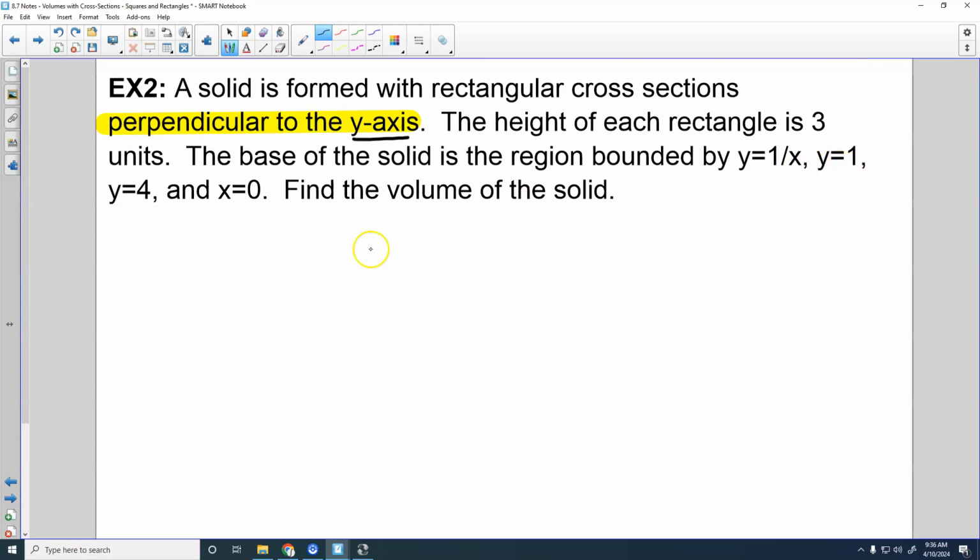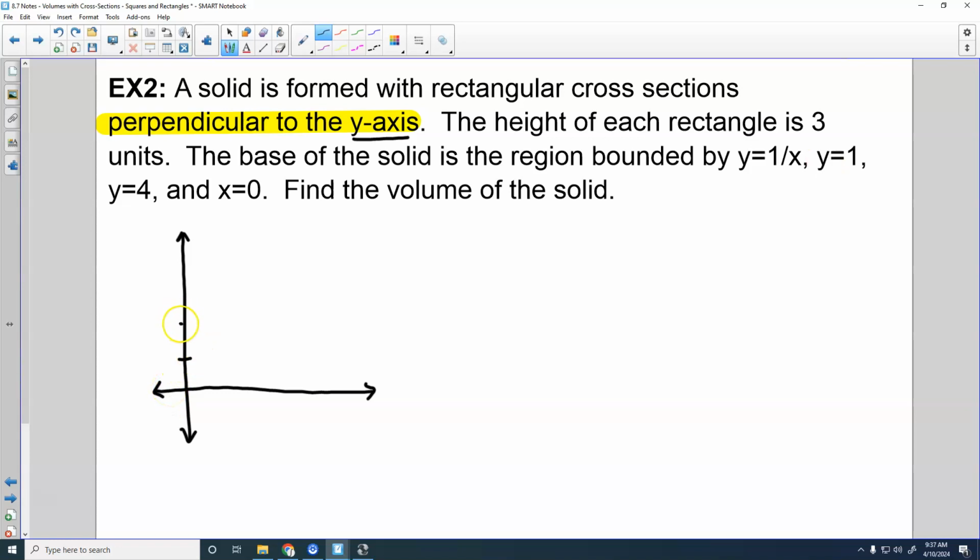So for this one, I won't be able to use the program because it does not do these in terms of y. We've got y equals 1 over x, y equals 1, y equals 4, and x equals 0. So let's sketch this. Let's do the horizontal lines first. I think it's going to be first quadrant because you got y equals 1 and y equals 4.